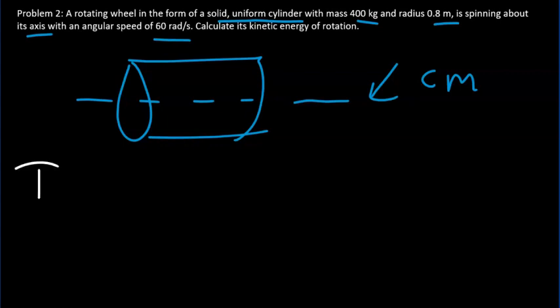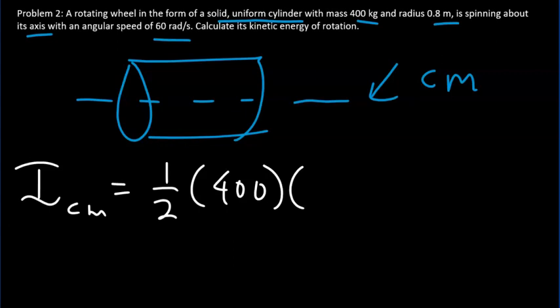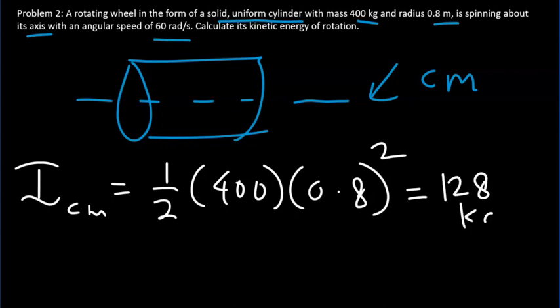We know the moment of inertia for such a cylinder through the center of mass is given by 1/2 times the mass, which is 400 kg, times the square of the radius, 0.8 squared, which is 128 kg meter squared.